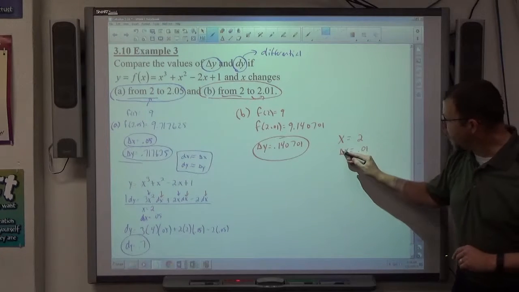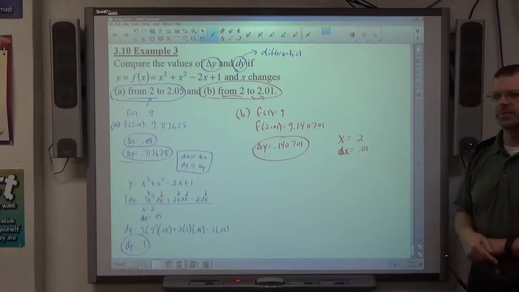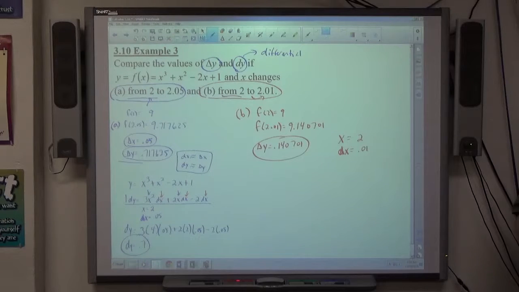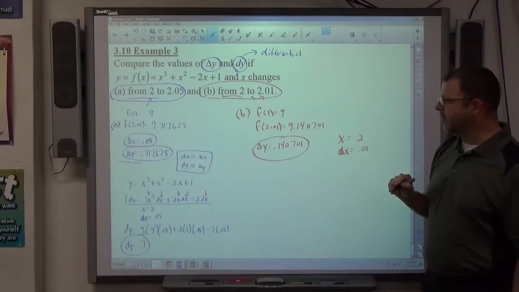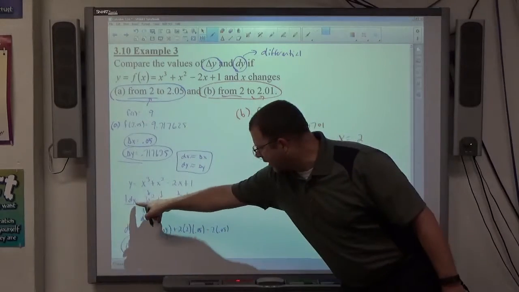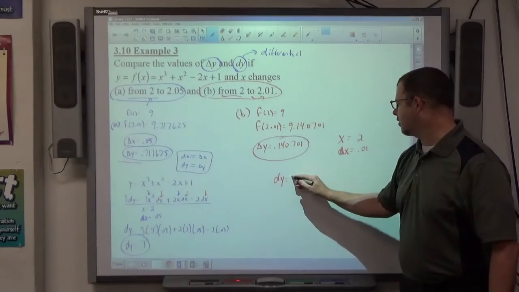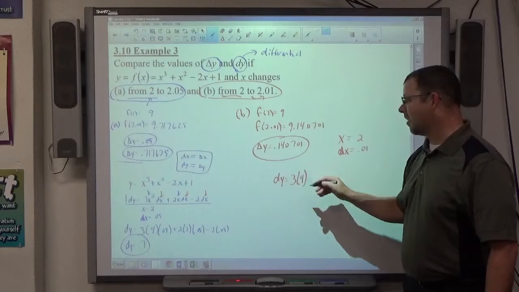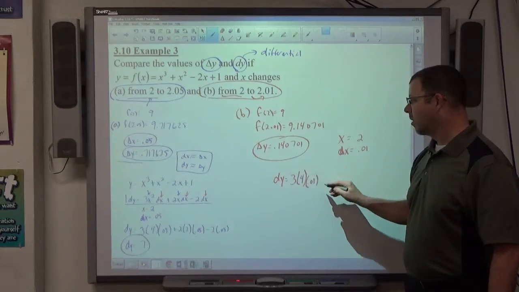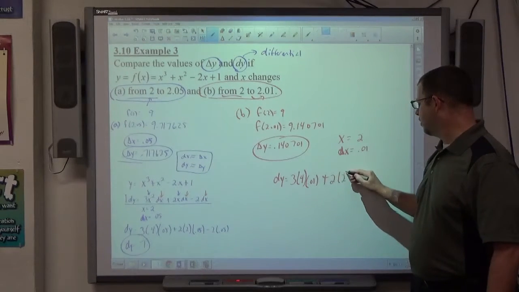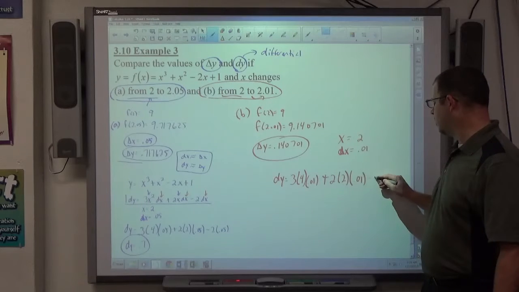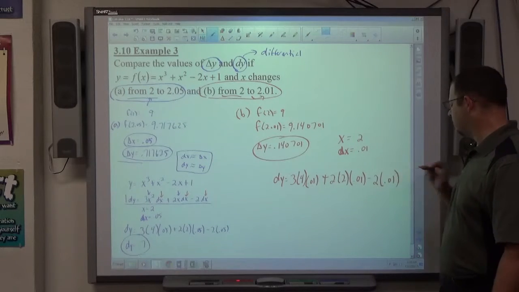But again, we're going to make delta x actually dx for our purposes. And we're going to pretend they're the same, even though they're not quite. And the differential hasn't changed. It's still this thing here, right? So if I want to find dy, I'm simply going to do 3x squared. That would be 3 times 4 times dx, 0.01, plus 2 times x, which is 2, times dx, which is 0.01, minus 2 times dx, which is 0.01.